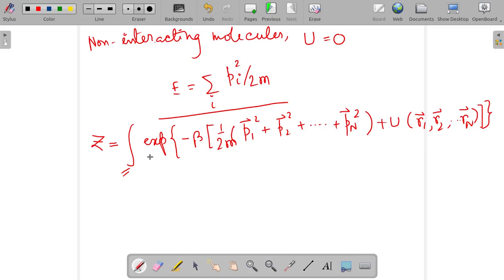This is equivalent if we say that we sum over all possible points in phase space.